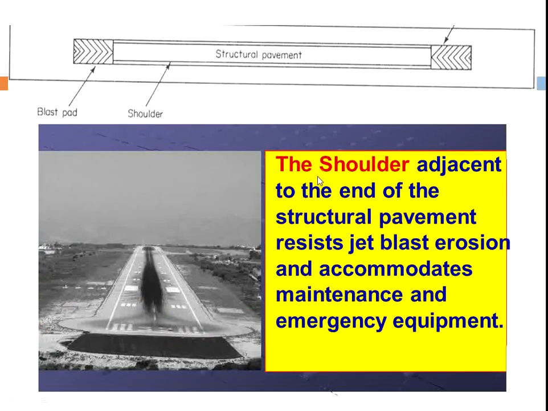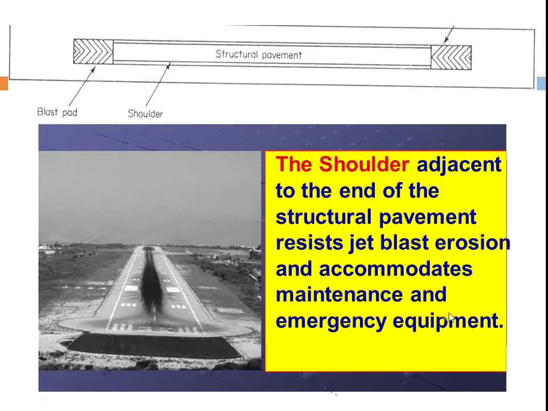Next is the shoulder. Here you see that this is the shoulder. This line and this outer line are not the shoulder. The shoulder is adjacent to the end of the structural pavement, resists jet blast erosion, and accommodates maintenance and emergency equipment.